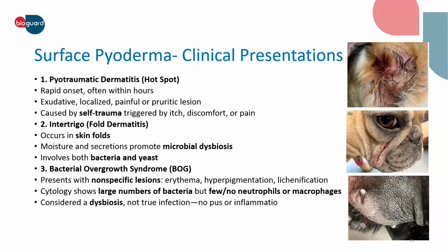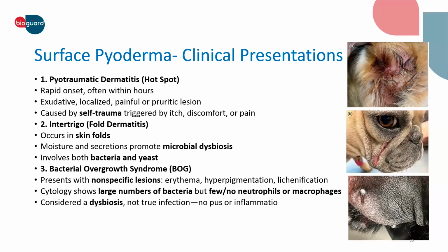And then let's check surface pyoderma. Surface pyoderma includes pyotraumatic dermatitis, the so-called hotspot. It's usually rapid onset, often within hours.